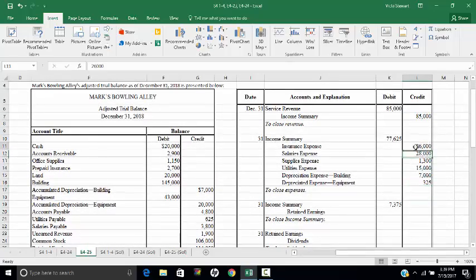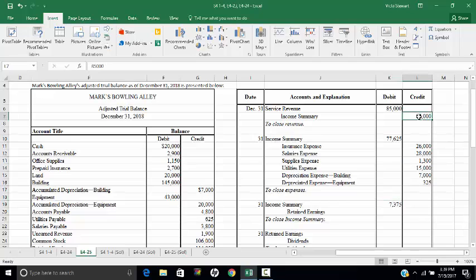next accounting cycle. I had income summary updating for the total of all of our expenses, so we debit income summary for the total of $77,625. Now then we need to close income summary.